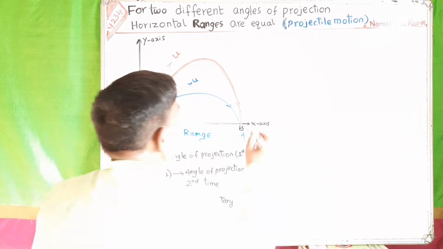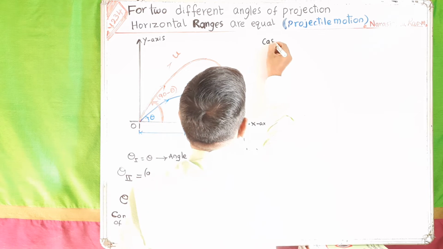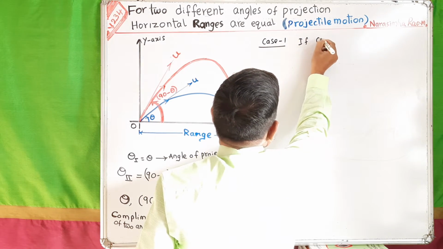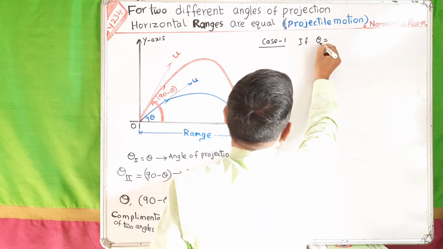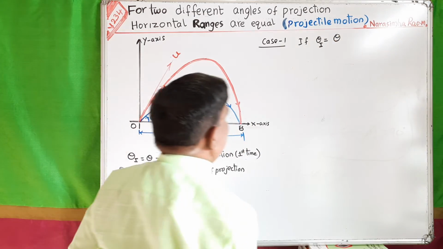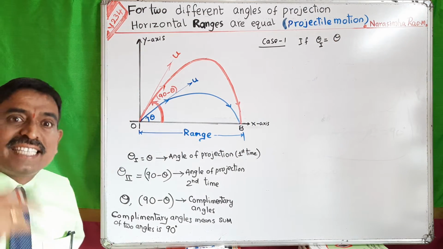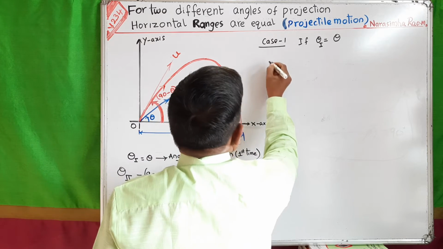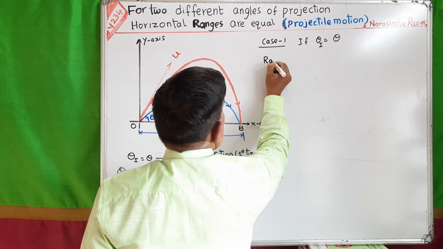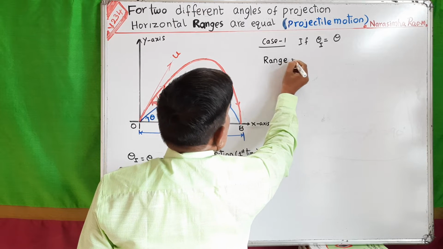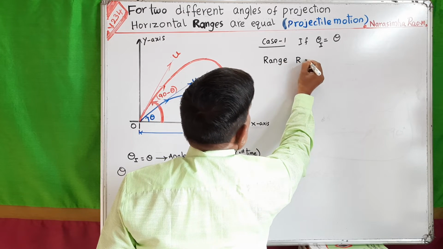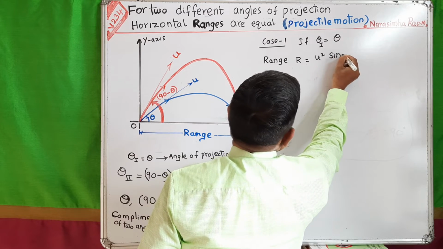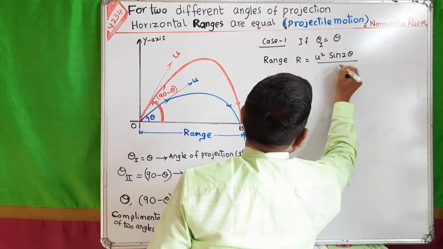Now please listen. Case 1: first time the angle is theta. Then what is the horizontal range? Range of the projectile formula: R is equal to u square sine 2 theta by g.